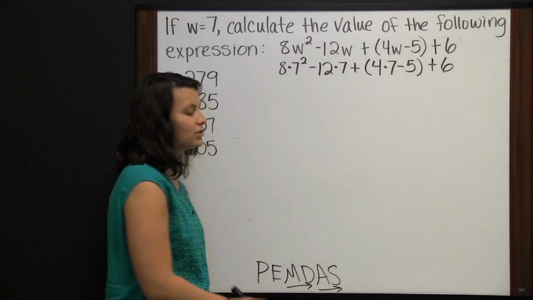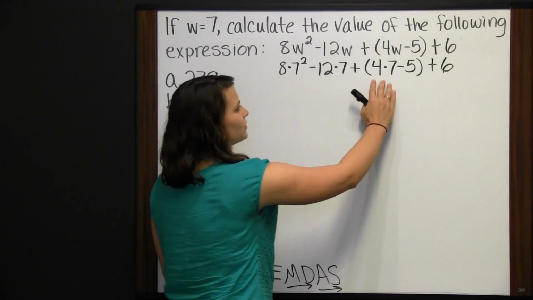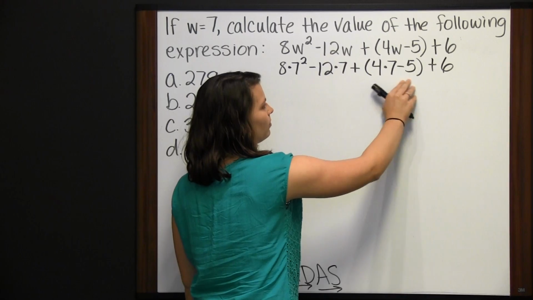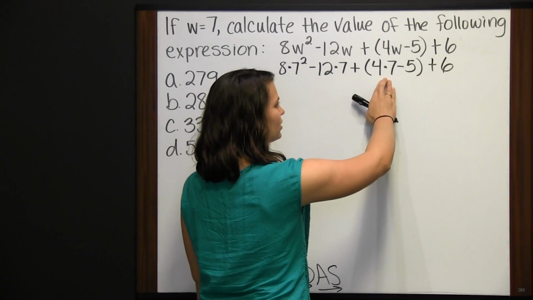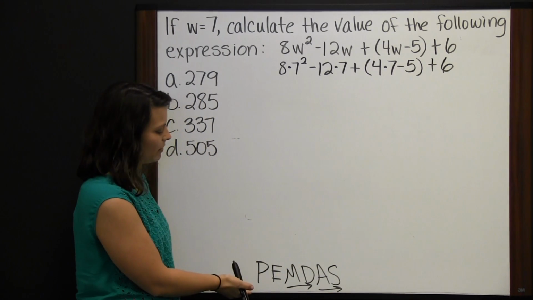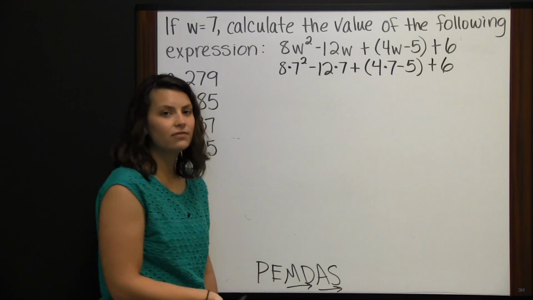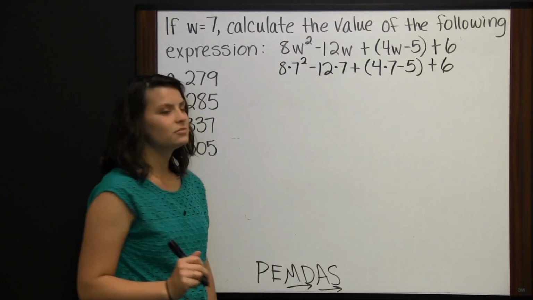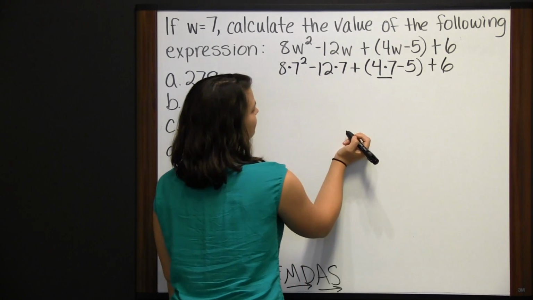So that means we need to start with anything inside parentheses. Here we have a couple of different operations inside our parentheses. We have multiplication and subtraction. Well, again, if we consult PEMDAS, we can see that we're supposed to always multiply and divide before we add and subtract. So that means we're starting with 4 times 7.